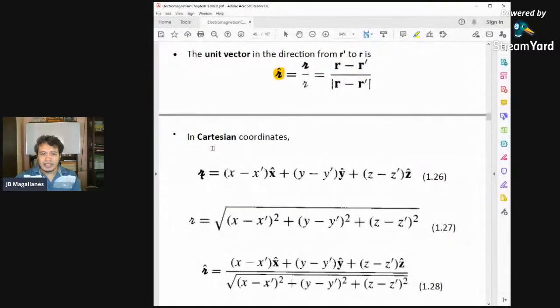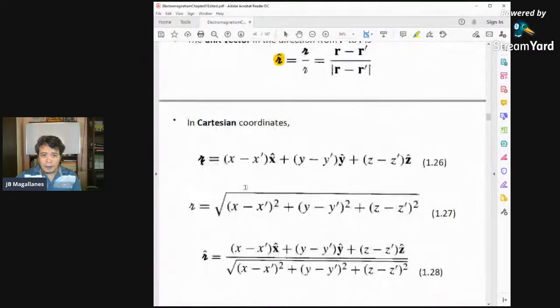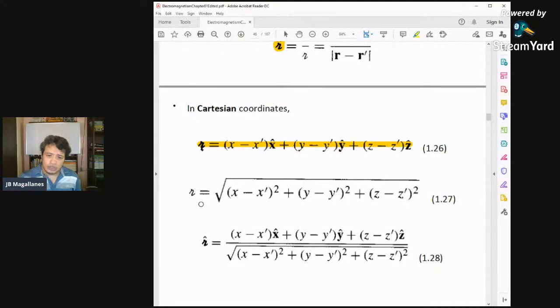In expanded form, if you use Cartesian coordinates, the scripted r would just be this. And of course, when you get the magnitude, you just have to square the components. Forget about the direction, so these are just the components. This one would be equal to that, and this one equal to that.